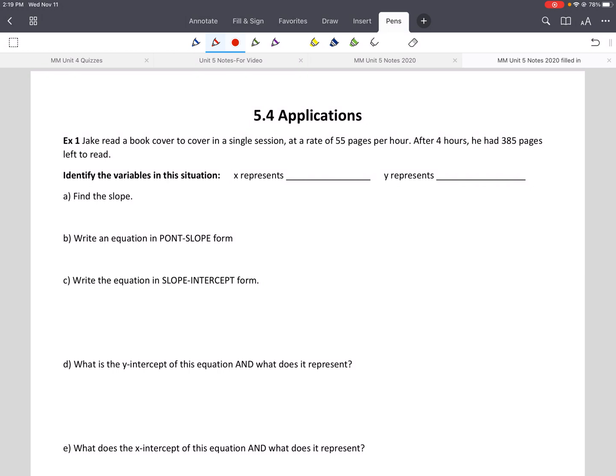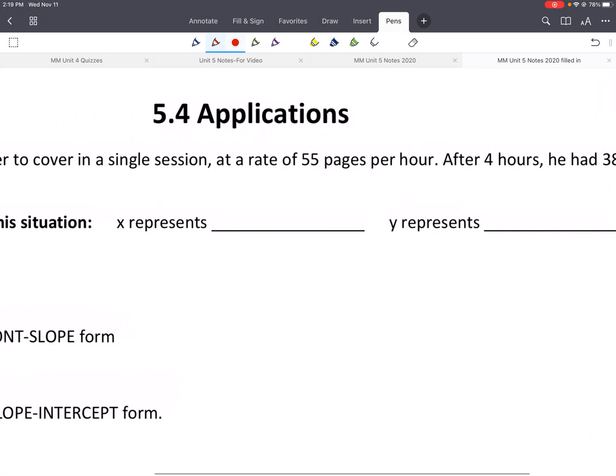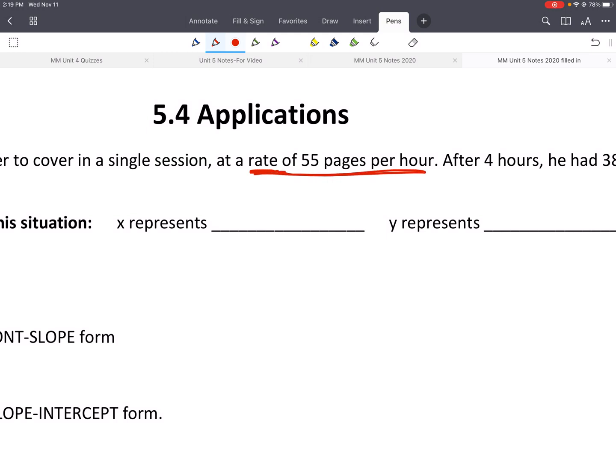All right, so Jake read a book cover to cover in a single session. At a rate of, and this is kind of a key word, a rate of 55 pages per hour. Pages per hour. Hopefully that sparks some information about what that is.